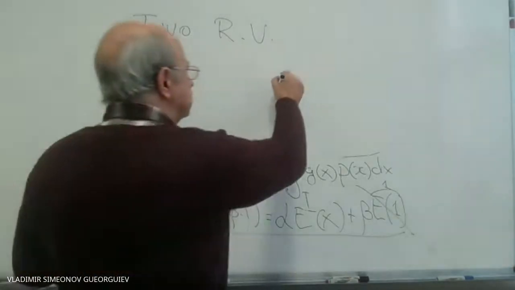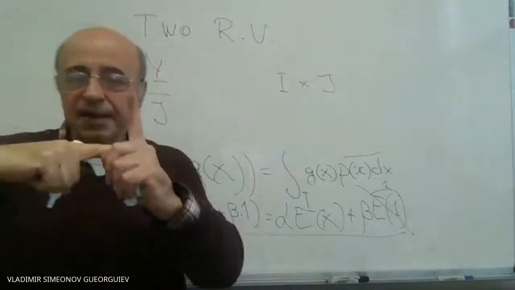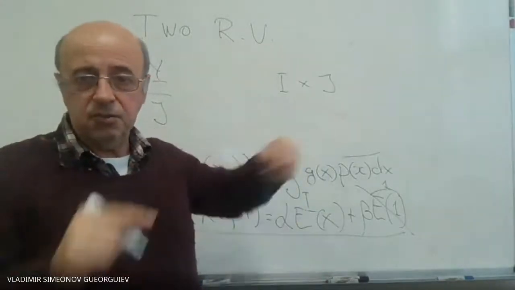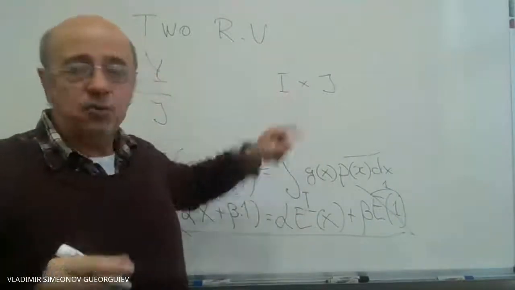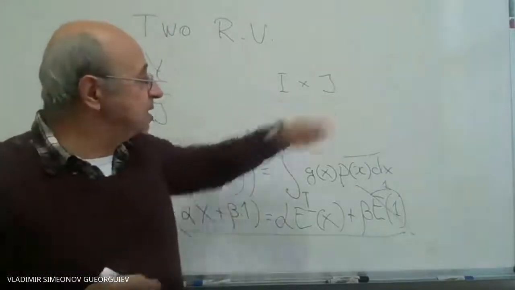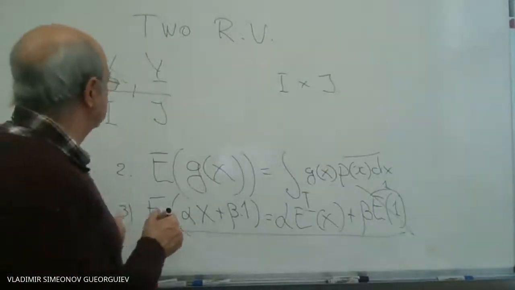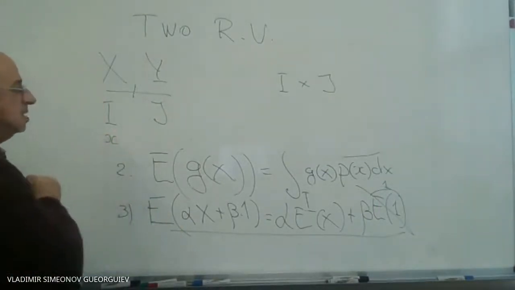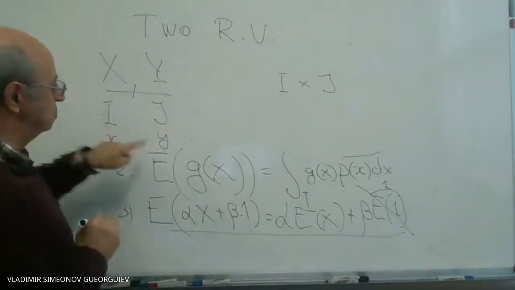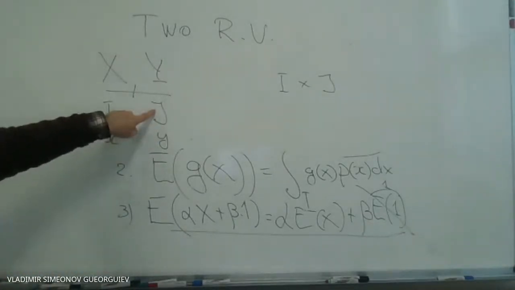Then we have to take the so-called Cartesian product. Therefore, we take the rectangle that is determined by interval I and interval j. We did this with I being interval AB and j being CD, so there was a rectangle determined by this Cartesian product. This means we reserve the variable x for I, and epsilon is reserved for j.